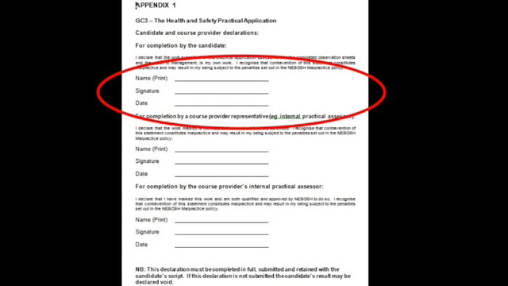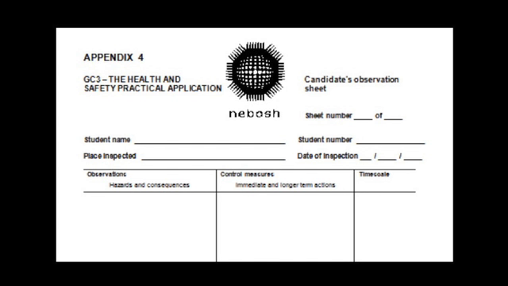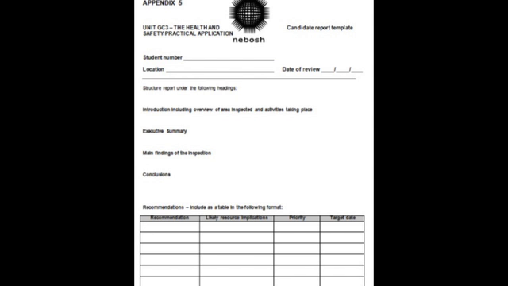And then next, after the declaration sheet, you have the observation sheet, and the observation sheet is your kind of inspection sheet where you write down all the observations of the unsafe acts or unsafe conditions that you've found during your inspection. And finally, there is the management report wherein you put your findings and you request the management to carry out the recommendations that you've given them.